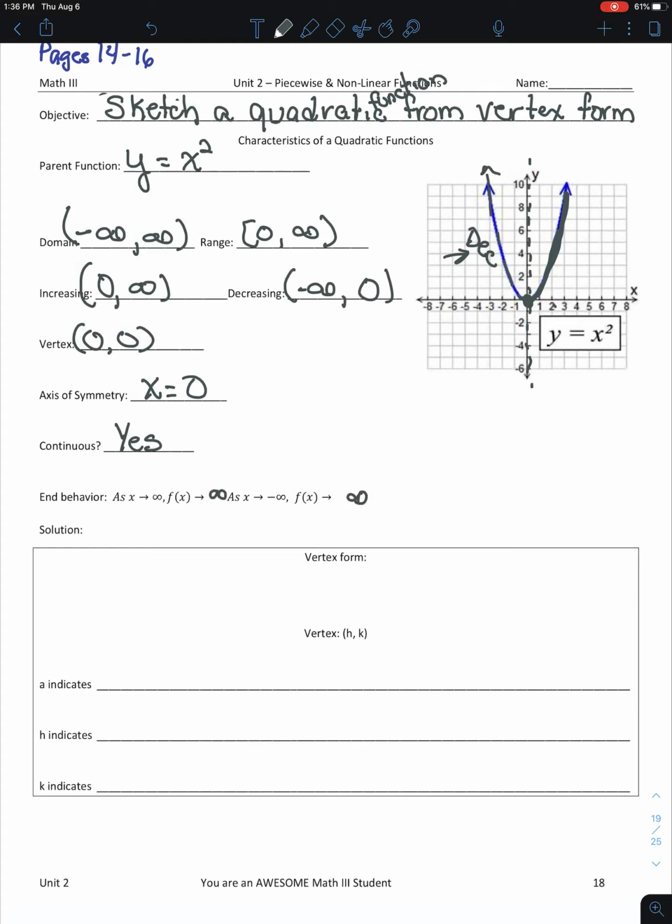As x goes towards negative infinity, the function goes towards positive infinity. The solution, just like on an absolute value, is where it crosses or intersects the x-axis. In this case, our solution is x equals 0.